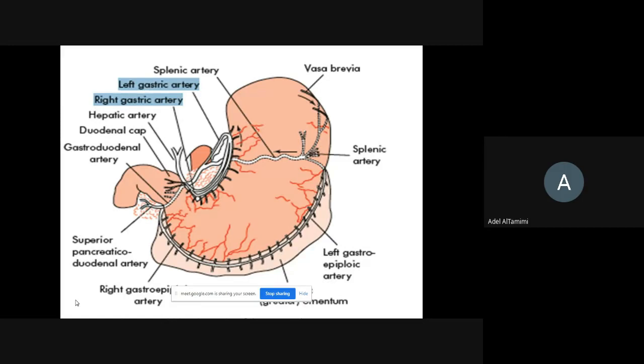The stomach is divided into many parts, as you see in this figure: the lesser curvature, greater curvature, the fundus of the stomach, the pylorus, and the body of the stomach. All these parts of the stomach are entirely connected to each other, and each one has a specific function to perform in the process of digestion.